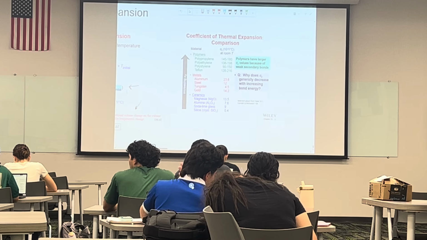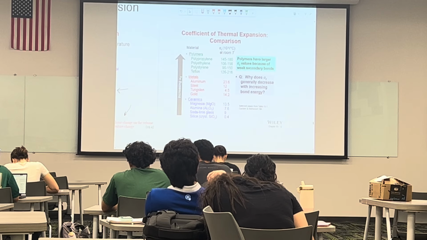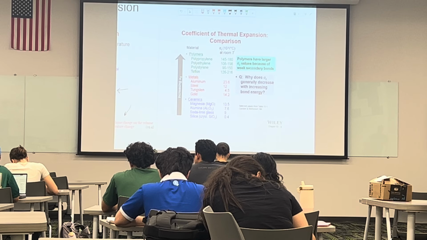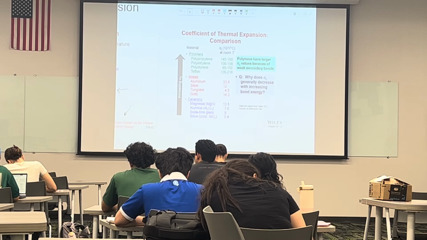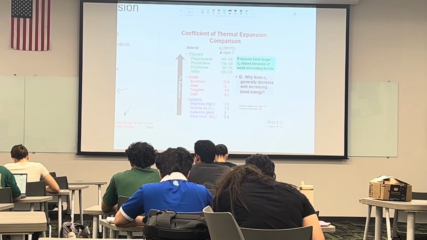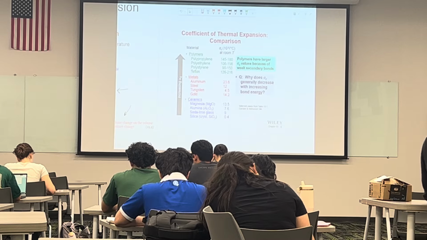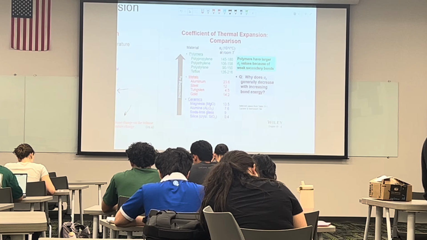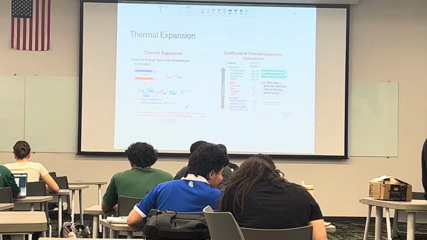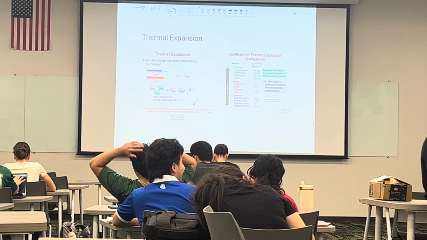I guess that's kind of referring to this guy here. The stronger the bonds, because we know ceramics have covalent or ionic bonds, the more heat you need to separate those. Meanwhile, metals and especially polymers don't have as strong of a bond as covalent or ionic bonds, so it doesn't take much to separate those atoms. In your slides, you can see how the materials compare in terms of thermal expansion.